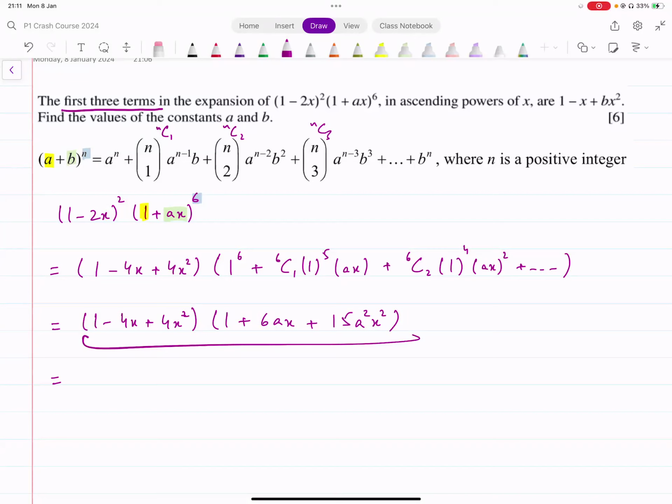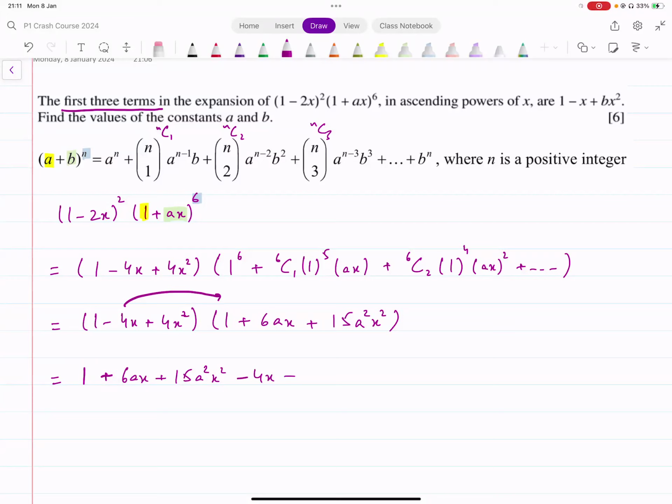Let's do this multiplication now. 1 into 1, that's 1, plus 1 into 6ax, plus 15a squared x squared. That's 1 multiplied by each of those terms. Then we multiply minus 4x with each of those terms. That gives us minus 4x.